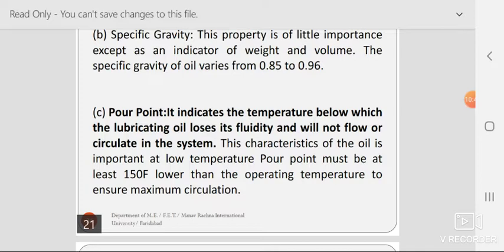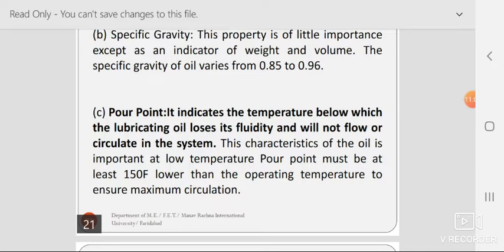Pour point is the point at which the oil loses its fluidity and ceases to act as a fluid. The lubrication capacity decreases tremendously. So the pour point must be as low as possible, because the fluid must always remain fluid. Otherwise, there is no purpose of using it.